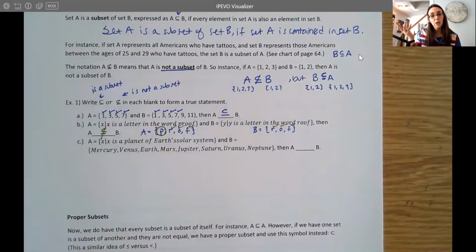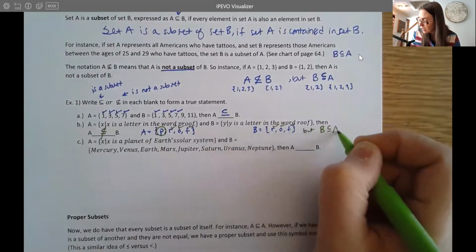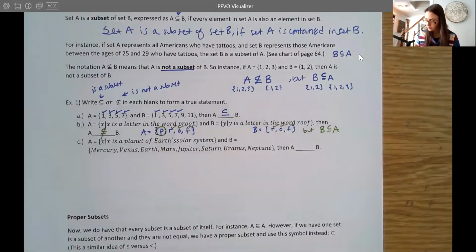You actually could do the other way around. It doesn't always work out that way, but B actually is a subset of A, right? Because all the elements of B are contained in A. So B would be a subset of A here, but A is not a subset of B. It has extra elements that are not in B.